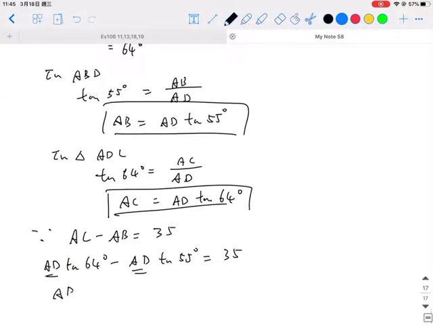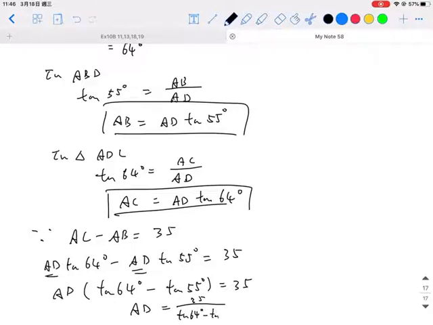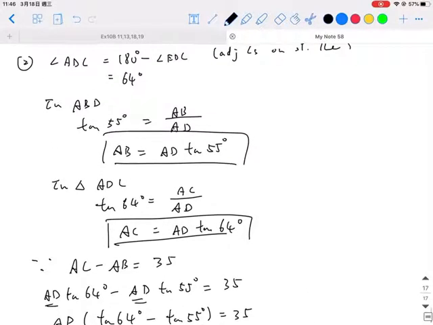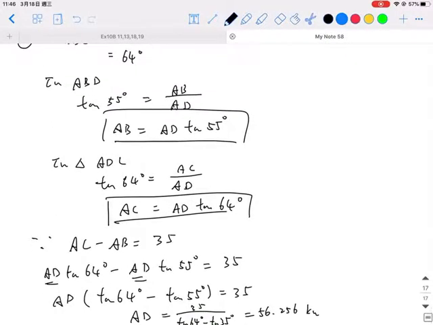So take out the common factor AD, and we will get tangent 64 degrees minus tangent 55 degrees here, and you will get the answer: AD is equal to 35 over this one, and you can solve it by calculator, which is equal to 56.256 kilometers.